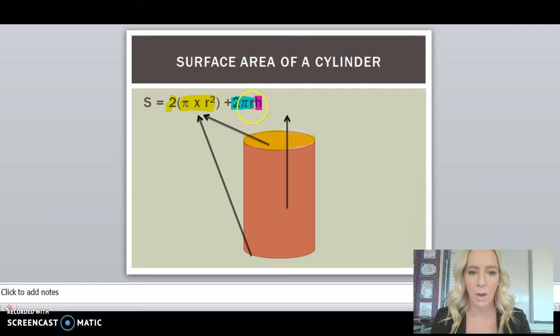So 2 pi r comes from the distance around the circle. And then we multiply it by h, which represents the height of the cylinder. Very kind of similar to when we calculate the volume of a cylinder. Height is a big factor. So let's do an example.